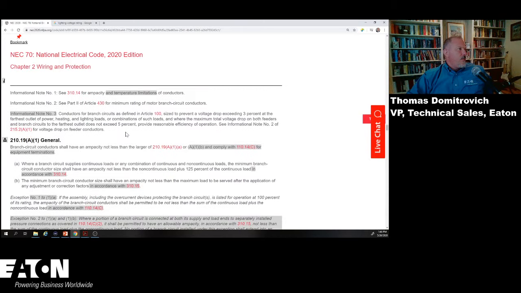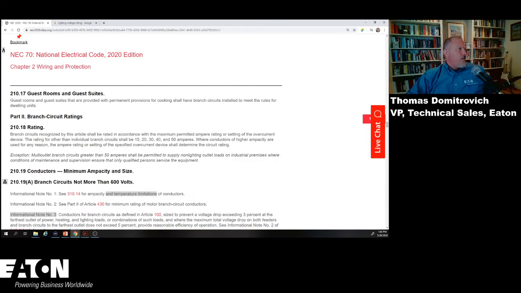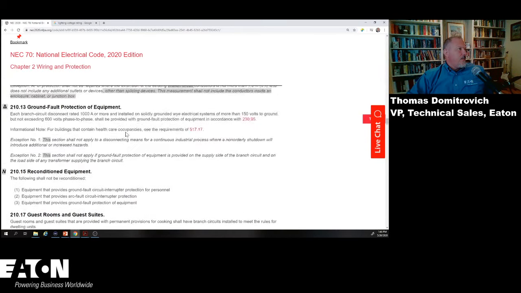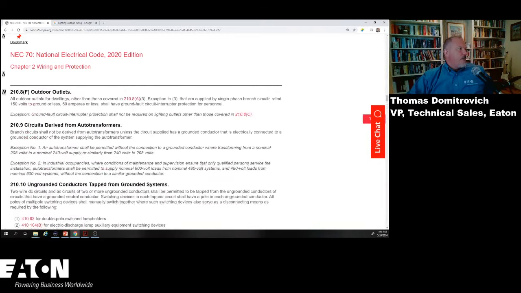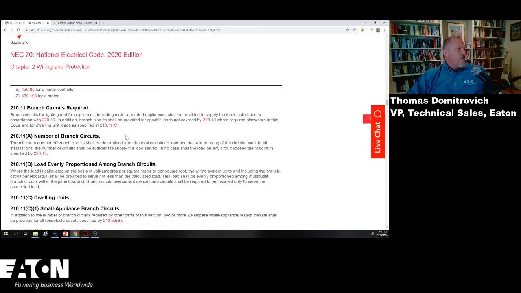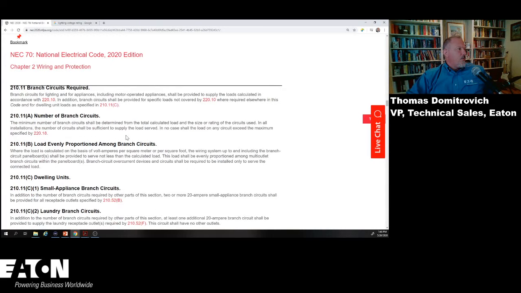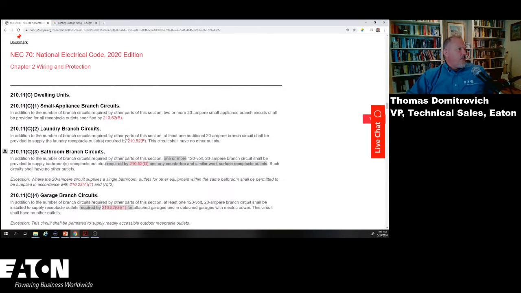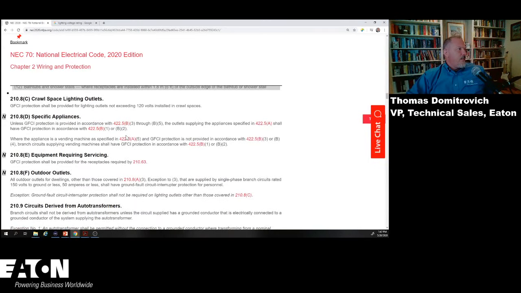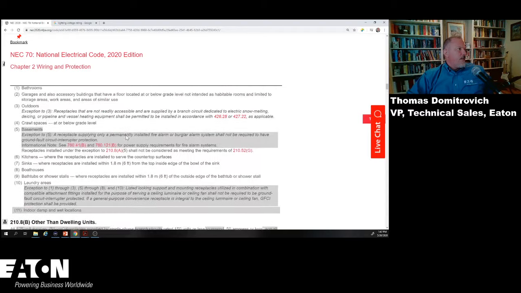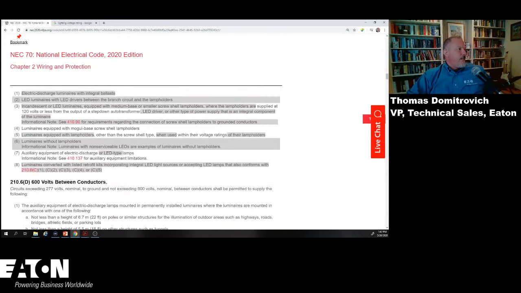Household ranges. Branch circuit ratings and conductors, reconditioned equipment. Maybe it's 210.11. Circuits, number of loads proportional to dwelling units, small appliance, laundry, bathroom circuits, garage. That's 210.11. Crawl space lighting outlets, 210.8.